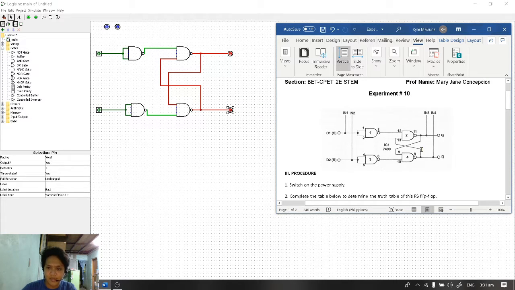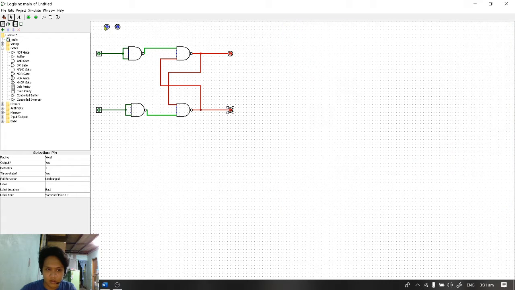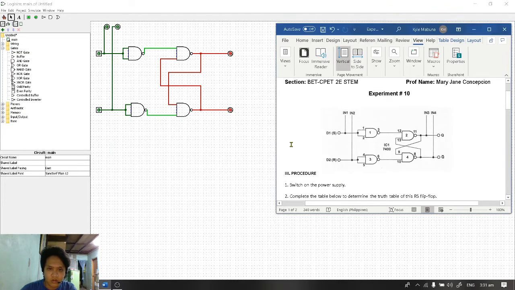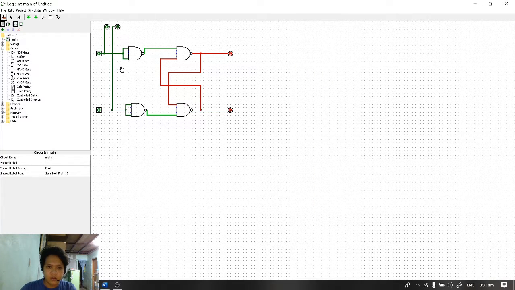Ito po yung ating para sa ating first circuit na isa-simulate. Sorry. So, I forgot to put this one. So, ito na po yung ating simulate for ating first circuit.